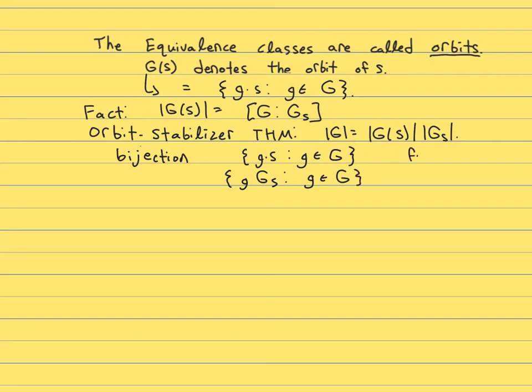Note here we've fixed an S and A. Well, let's try to find a bijection. So let's start over here. So let's take B in the orbit. Then we know B is definitely equal to G dot S for some G.